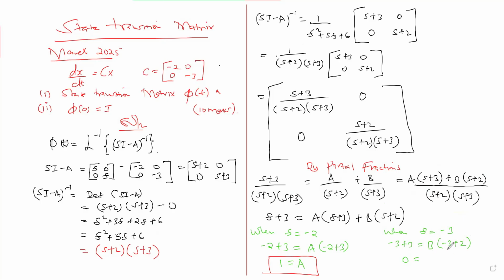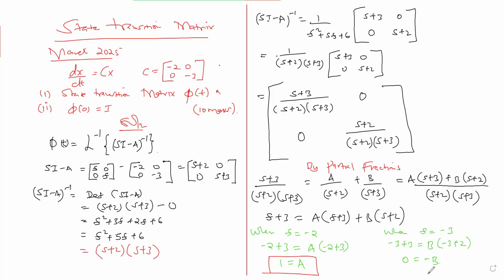Then -3 plus 2 gives you -1. -1 times b gives you -b.